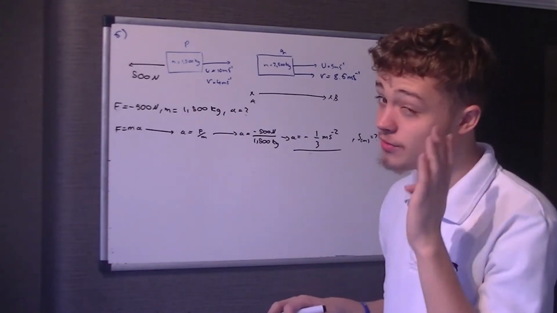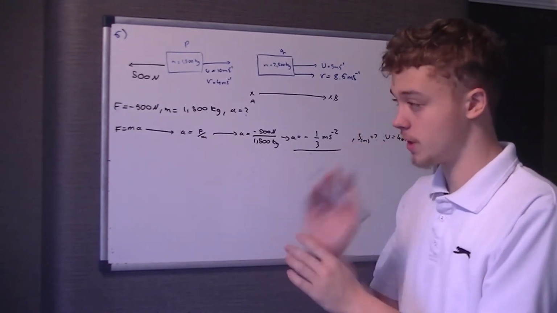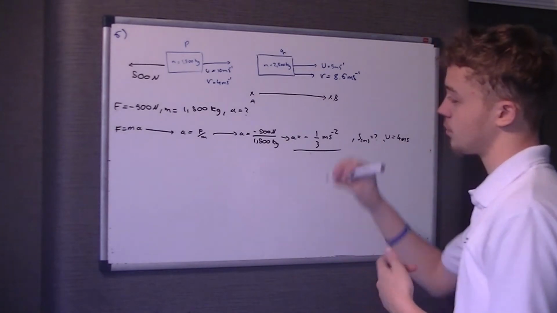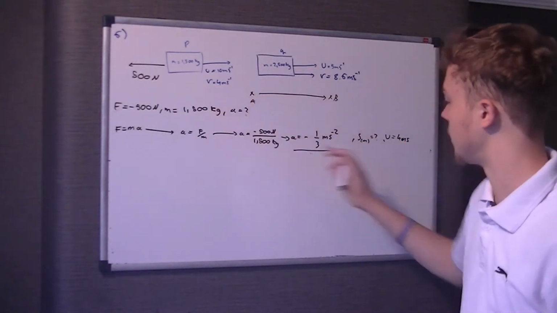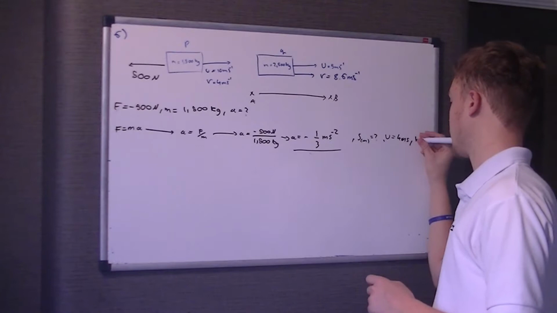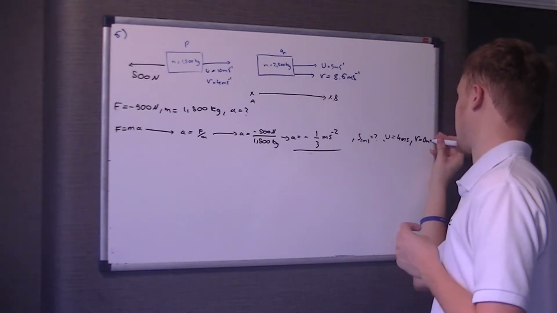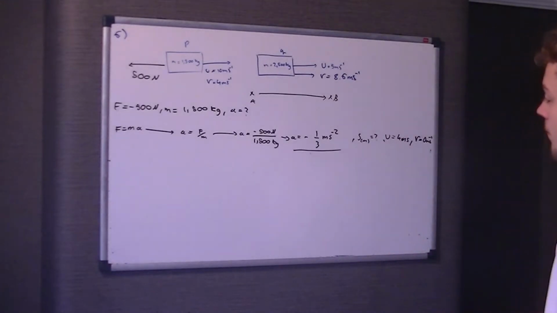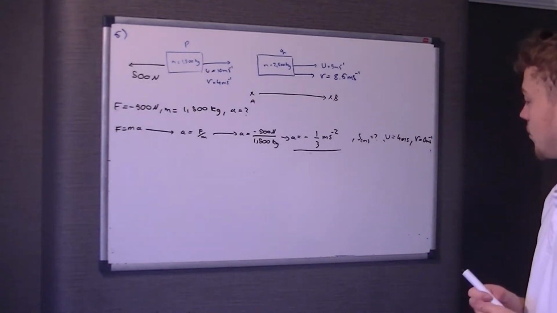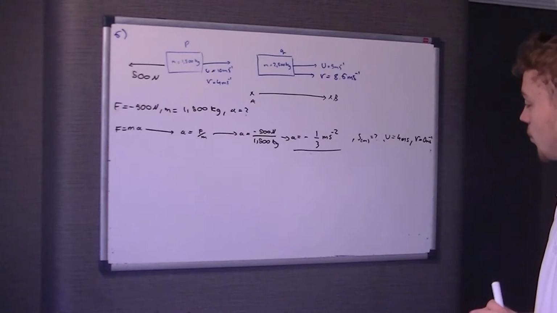Therefore the last velocity of the first part becomes the initial velocity of the second part. And then obviously the final velocity of the second part, because we said it comes to rest, is 0 meters per second. Okay? So we know A, we know U, we know V, and we want to know S.